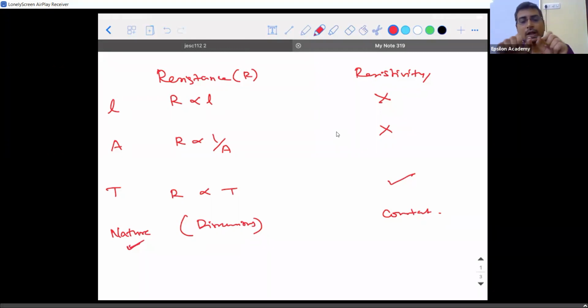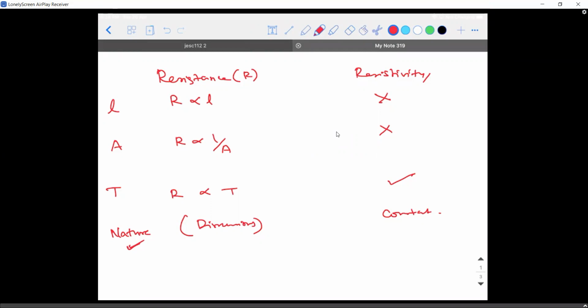Now, I have a copper wire of a certain thickness. If I replace this with another copper wire which is slightly thick but of the same length, what do you think will happen to this resistance? Resistance will be less, sir, because it's inversely proportional to the area of cross section.